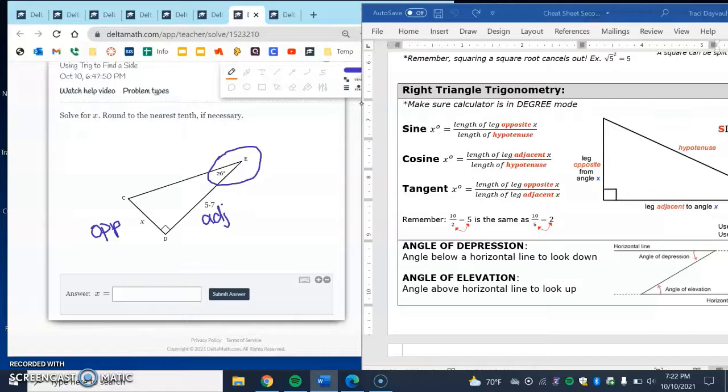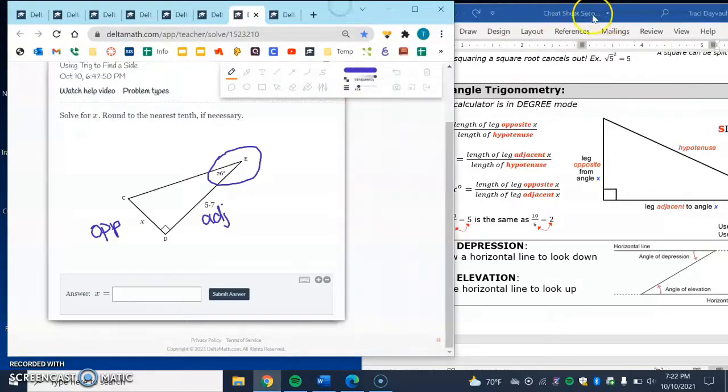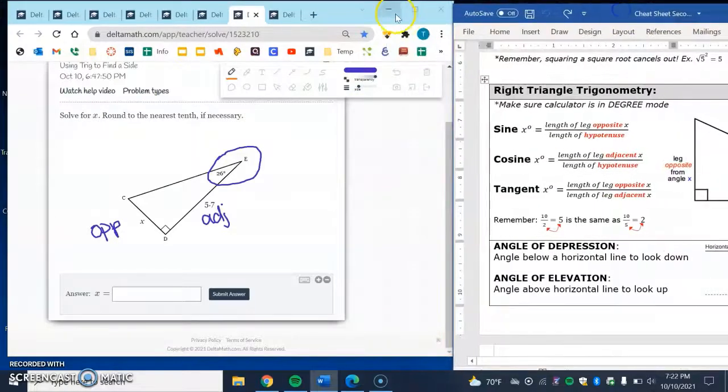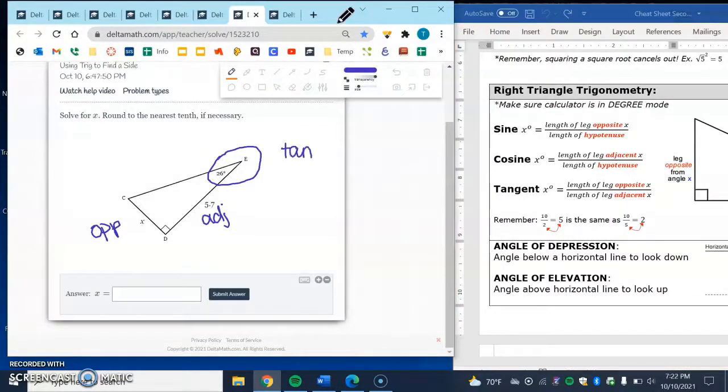So we're going to set up our trig ratio again. I'm going to write the tangent of x degrees, which is 26 degrees, equals, and then how would I say opposite over adjacent? I'm going to put x over 5.7.